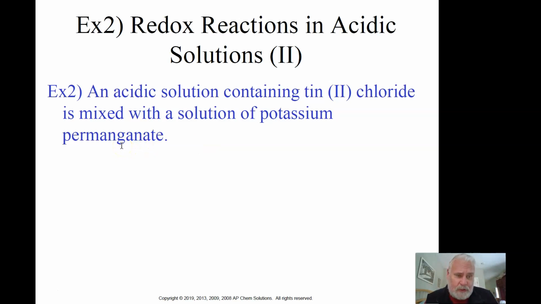So that's what makes this a challenging problem. You know the rule for tin. That could go from +2 to +4. That's up. That's oxidation. The chloride goes from -1 to 0. That's up. That's oxidation. And we had a nice reduction reaction for permanganate.